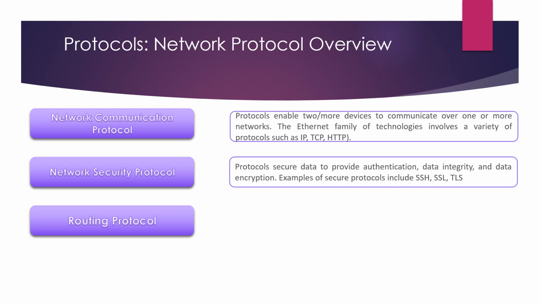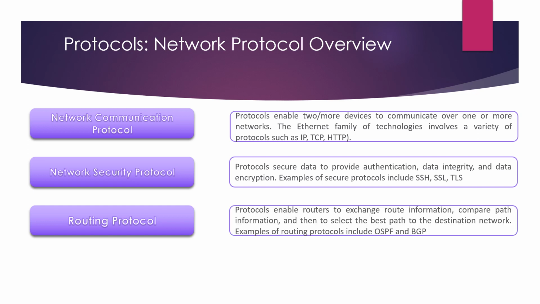We also have routing protocols, where these protocols enable routers to exchange routing information, compare path information, and then select the best path to the destination network. Examples of routing protocols include Open Shortest Path First, OSPF, and Border Gateway Protocol, BGP.